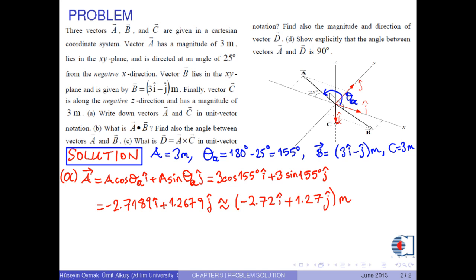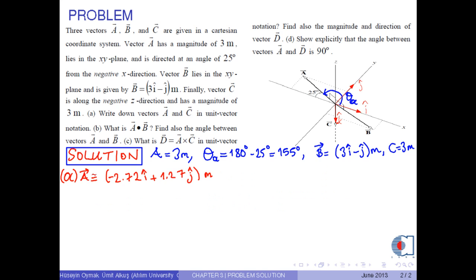So, vector A is approximately minus 2.72 i hat plus 1.27 j hat meters. And vector C is simply minus 3.00 k hat in meters.